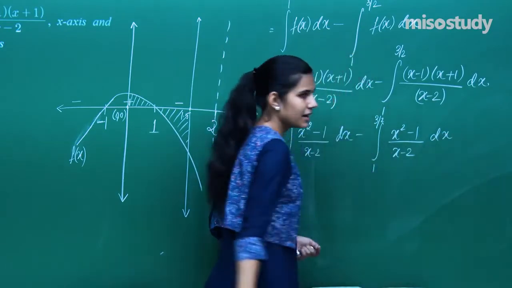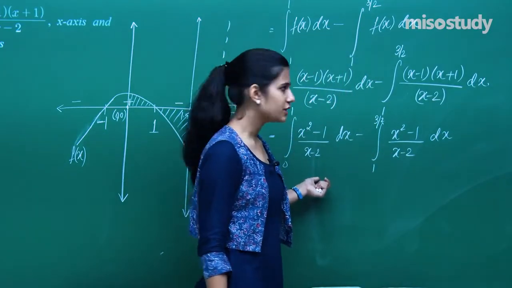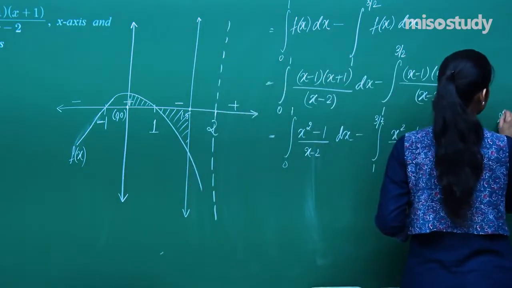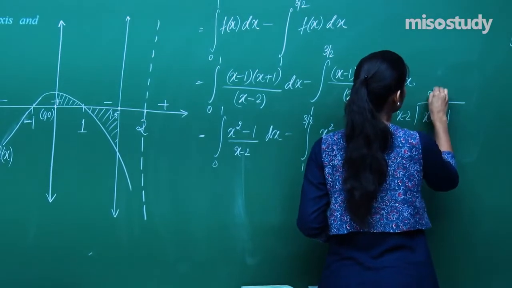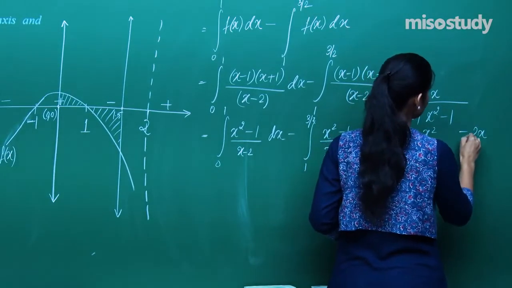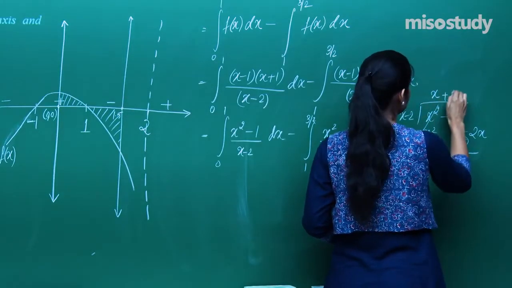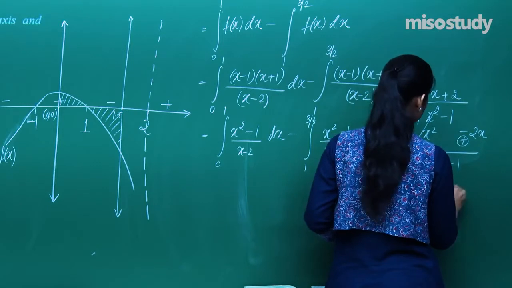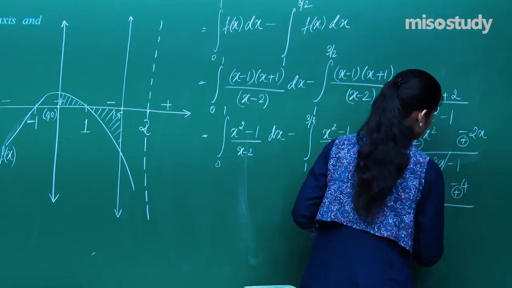Now it's pretty simple how you move to the next step, because the degree of the numerator is greater than the degree of the denominator. So when you divide x square minus 1 by x minus 2, you get x here, then x square minus 2x, this is minus, this is plus. You get 2x minus 1. This is plus 2, so this is 2x minus 4. This is minus, this is plus. This is 3.